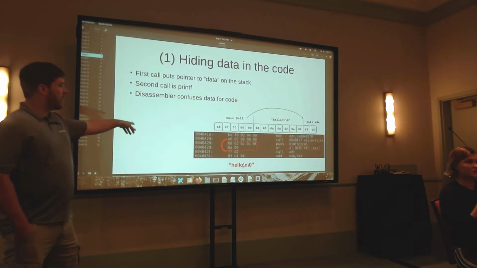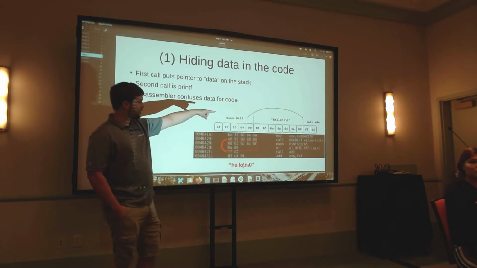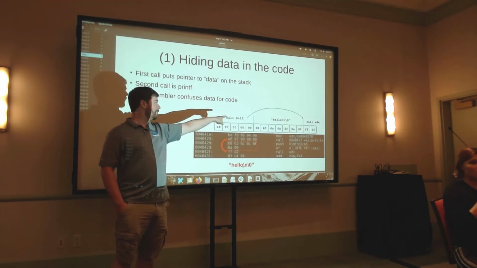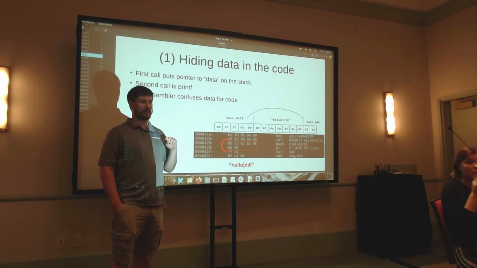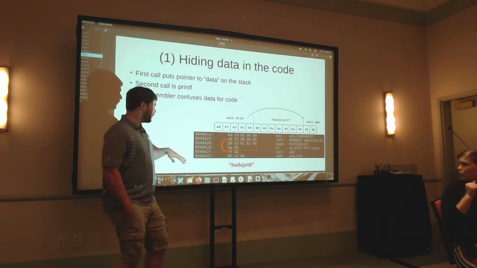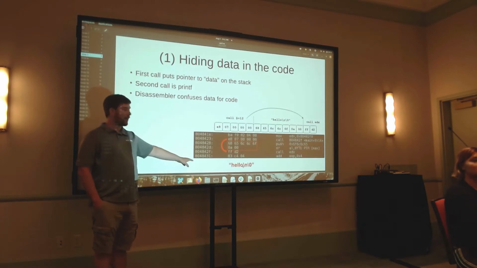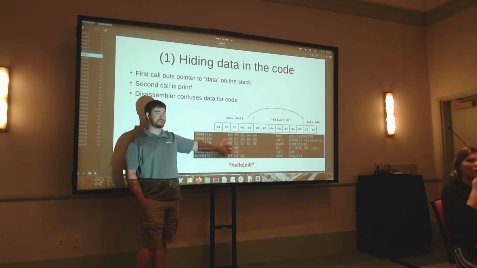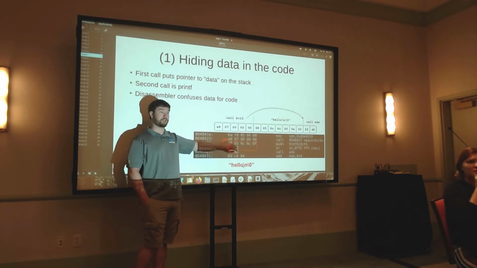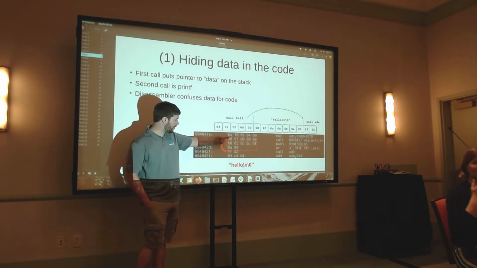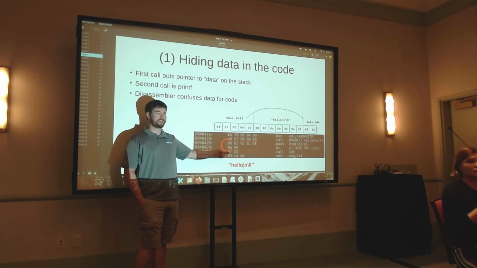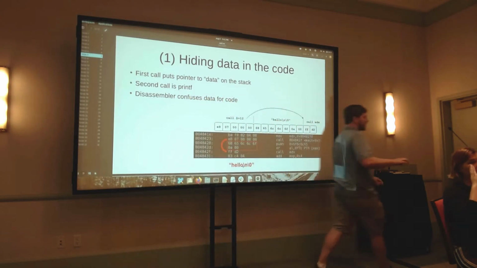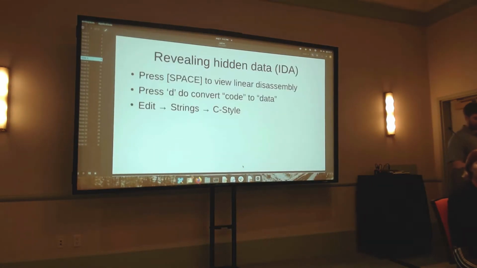So here, assuming that the EDX register pointed to a puts or a printf, this series of bytes would end up printing hello. But when we look at this using just a linear sweep algorithm, it looks kind of strange, and this is going to be hard to read and understand because it's not immediately obvious until you run the code that this call is just calling right here. But here we have our hello. So that's an interesting technique to hide data.